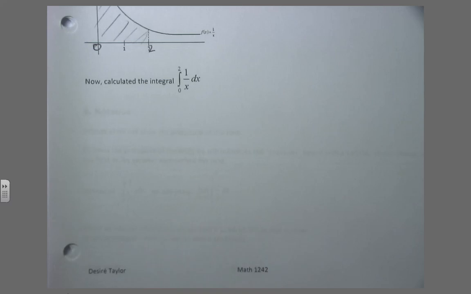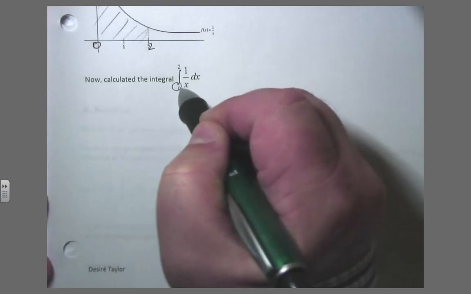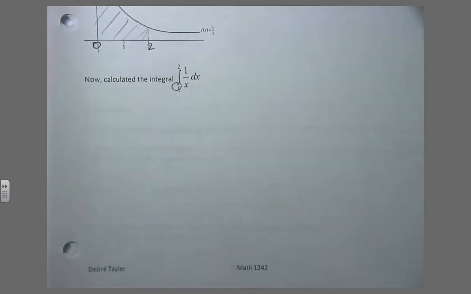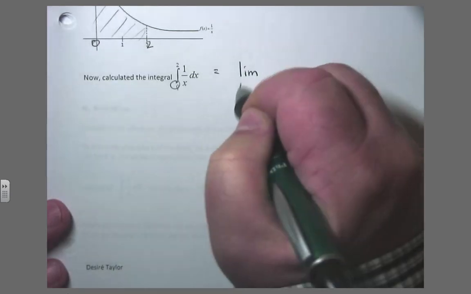So we're going to calculate the integral from 0 to 2 of 1 over x dx. Your problem is the 0 point because it does not exist for the function 1 over x. So how you turn an improper integral into a proper integral is you use limits. Pick your favorite letter; I like a's.